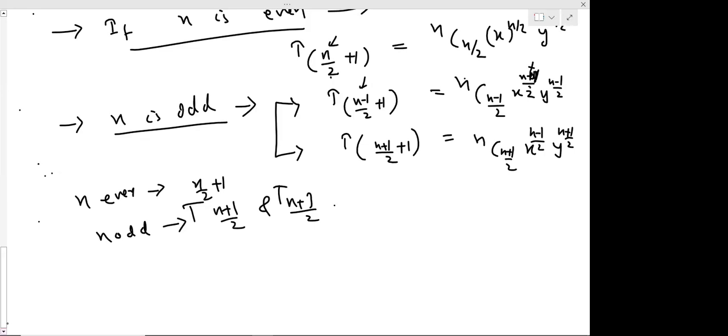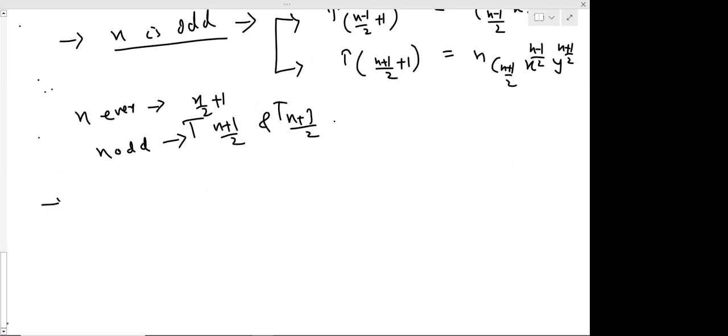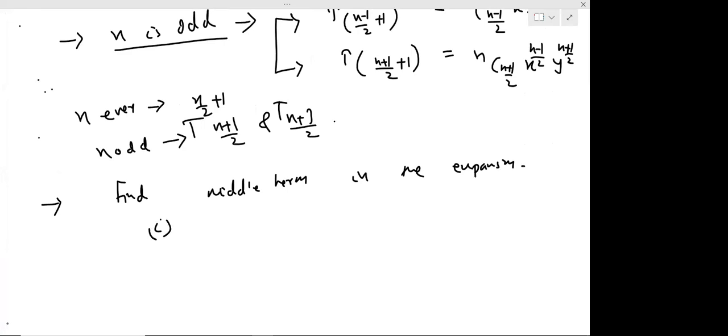So please solve one question. Find the middle term in the expansion of (1 minus x square by 2) to the power 14.